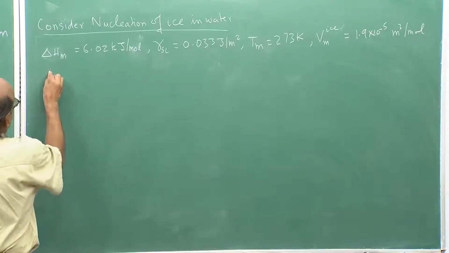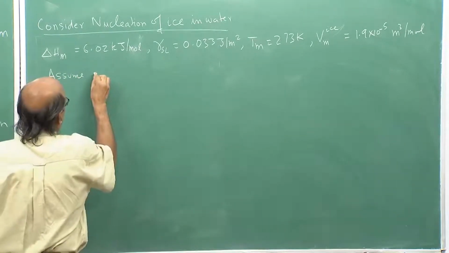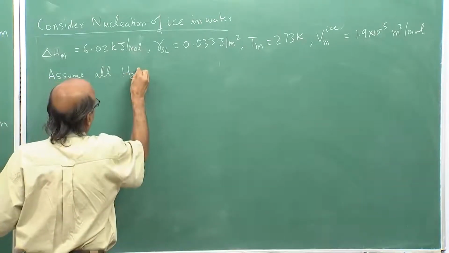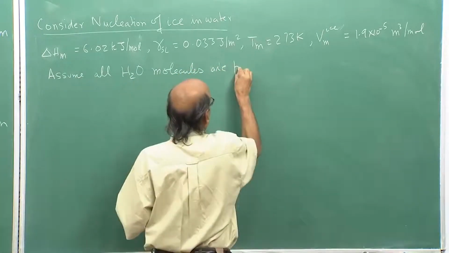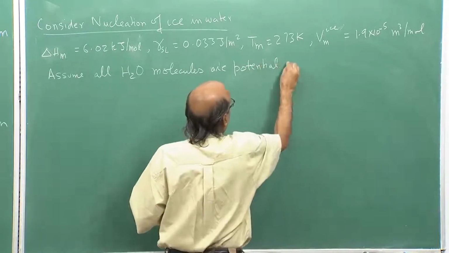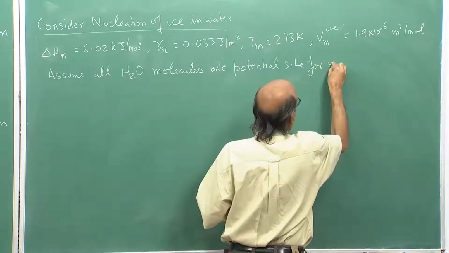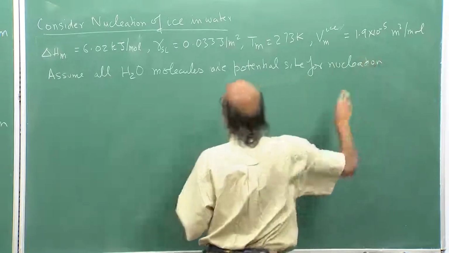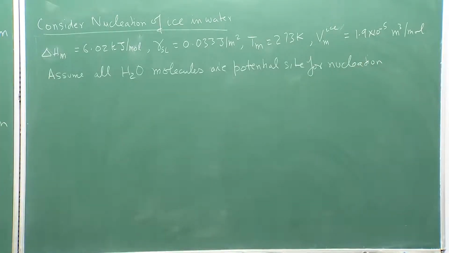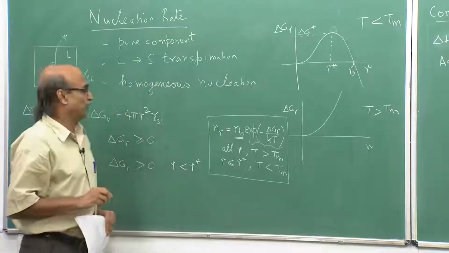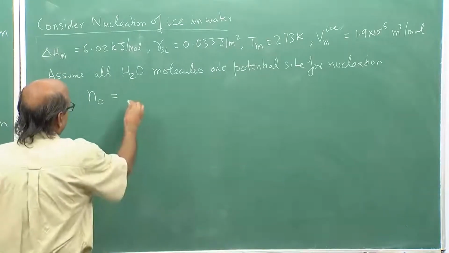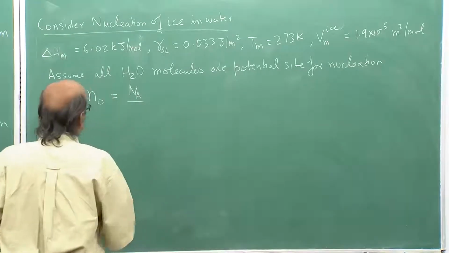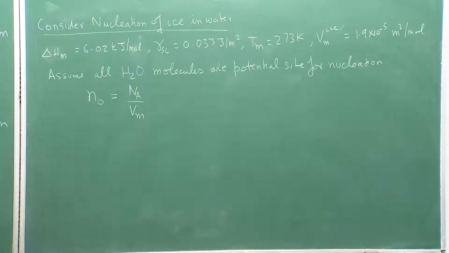Now, let us assume that all H2O molecules are potential sites for nucleation. Therefore, the number of potential sites per unit volume N0 in this relationship can be written as the Avogadro number divided by the molar volume.